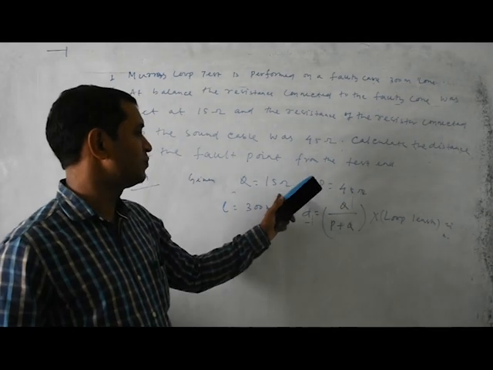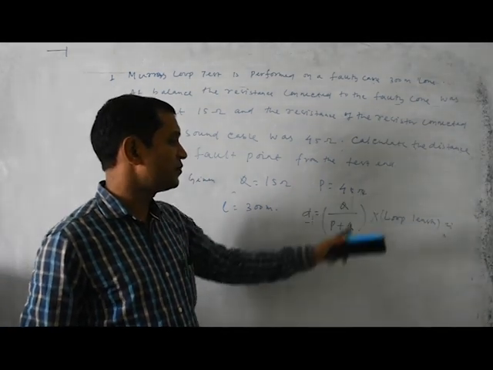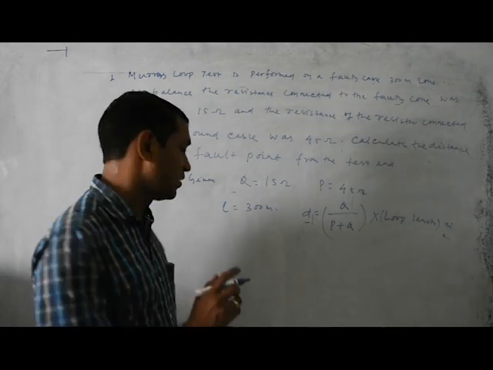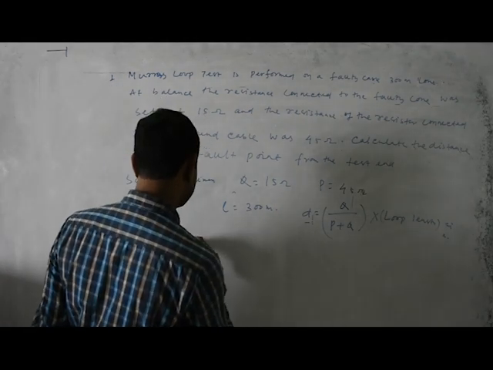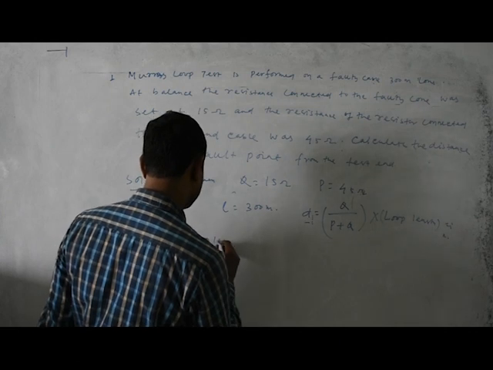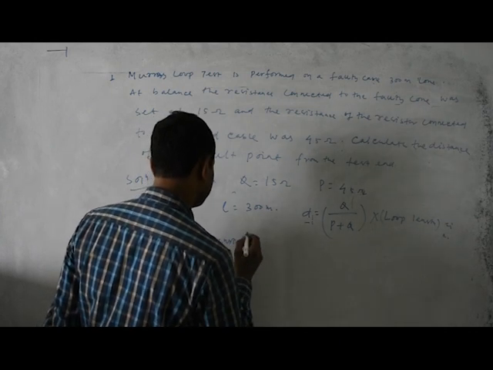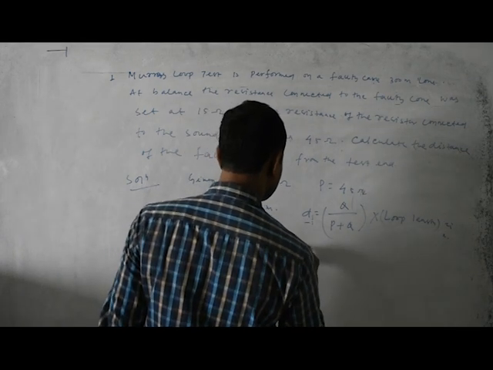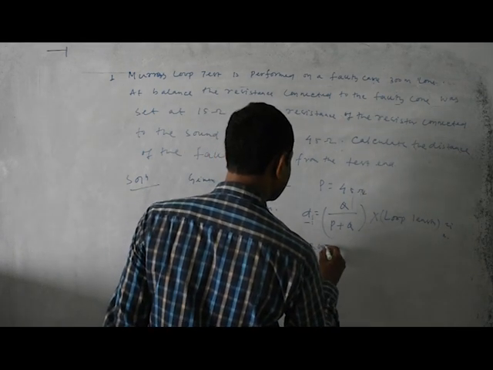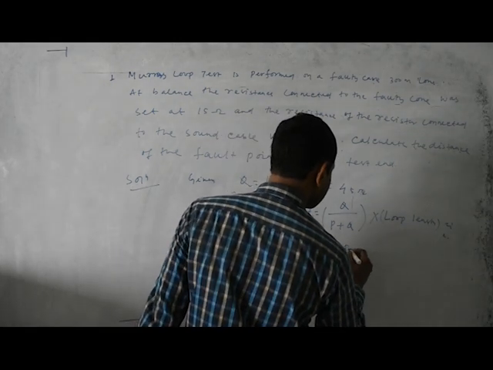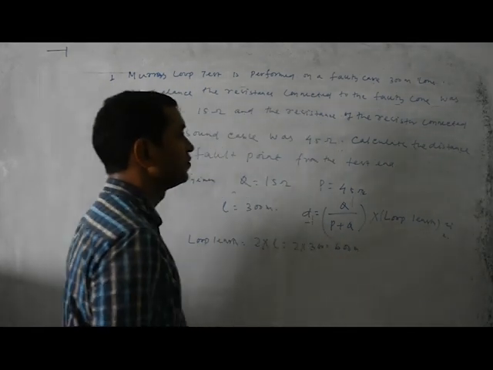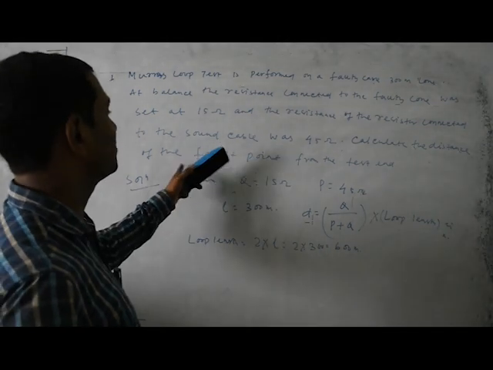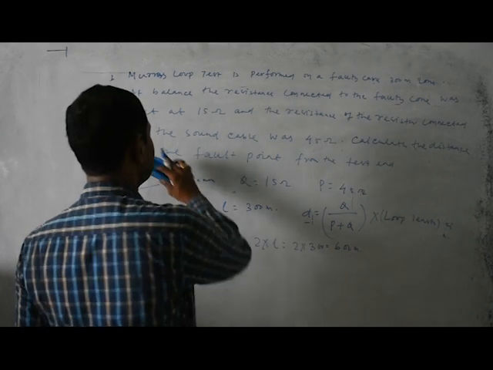Here Q equals 15, P equals 45, and L equals 300. The loop length equals 2 into L, 2 into 300, equals 600 meters. You have to find the distance of the fault point from the test point.